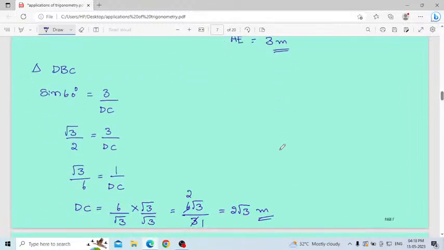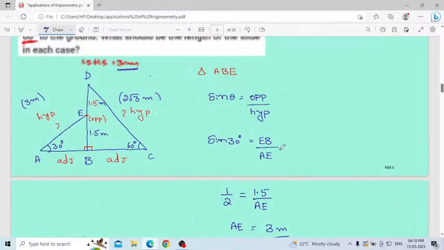Then consider the bigger triangle DBC, I will explain here only. DBC, sine 60 degree will be opposite divided by hypotenuse. Opposite is 1.5 plus 1.5, 3 meter. Total height is 3, they are given. Smaller one, they are given 1.5. Then remaining height will be 1.5 because together sum is given 3 meter.